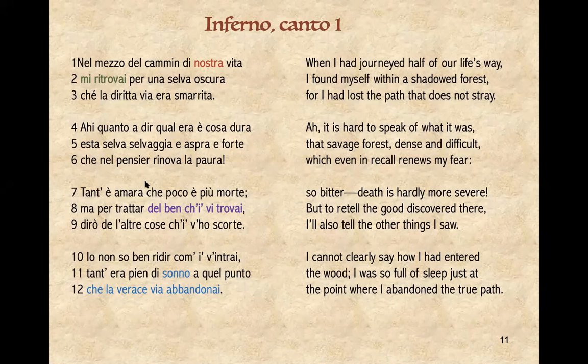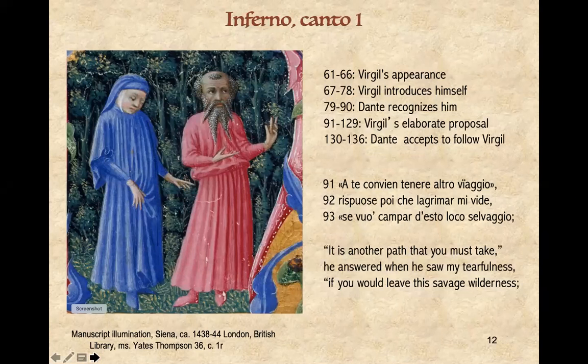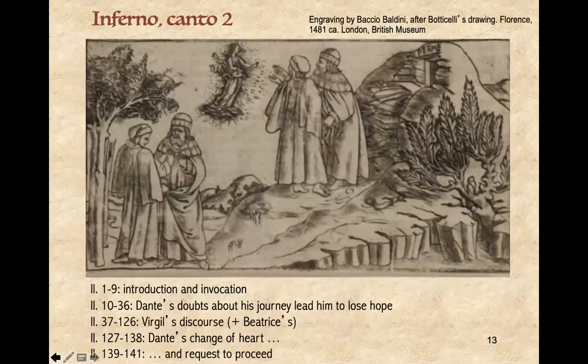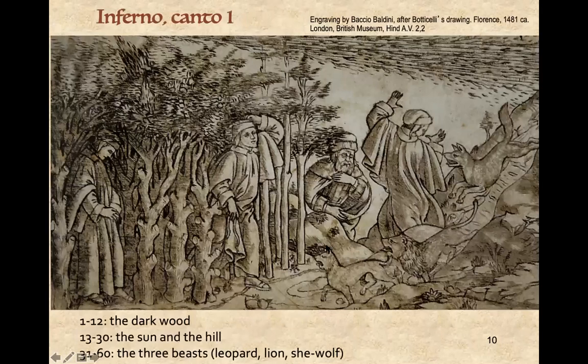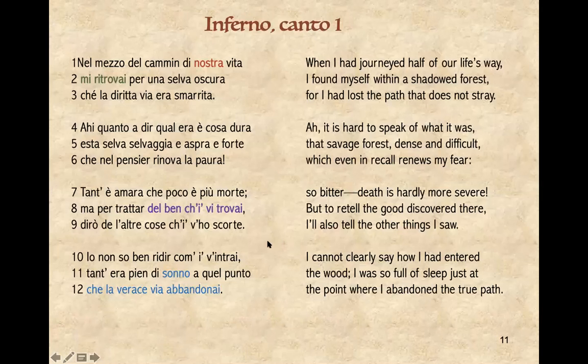Do you remember last time we talked about saluto, salute, salvation, and health? So Dante is on the brink of death. And why? Because not only is he lost in the forest, but he has also encountered there a number of obstacles in the form of 3 wild beasts.